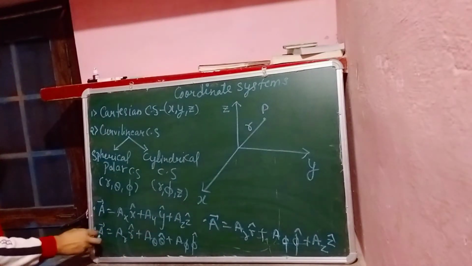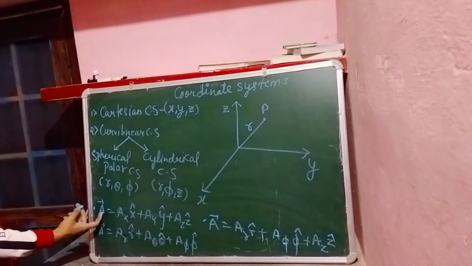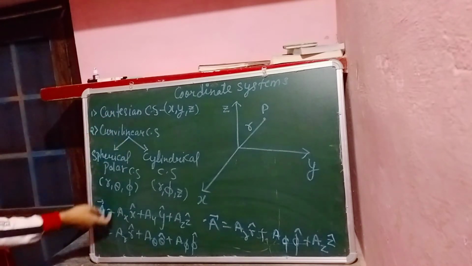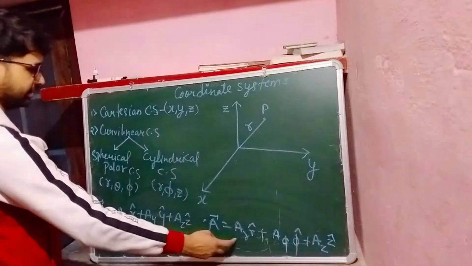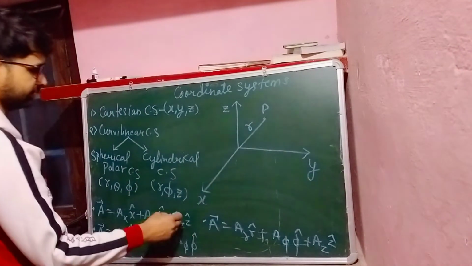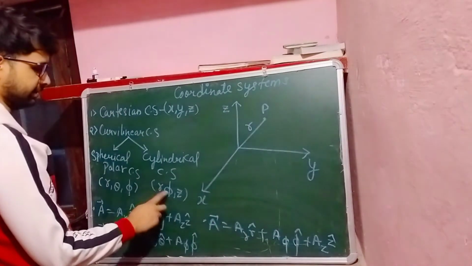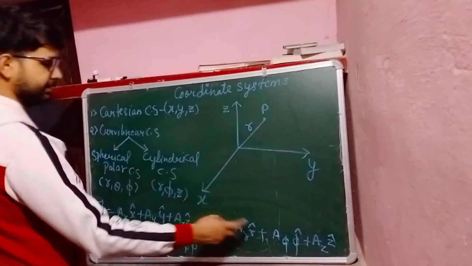So this is how a vector is represented in the Cartesian, spherical polar and cylindrical coordinate systems.